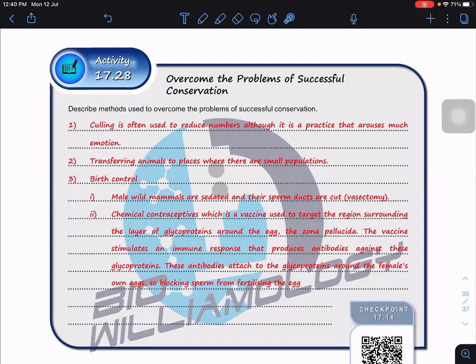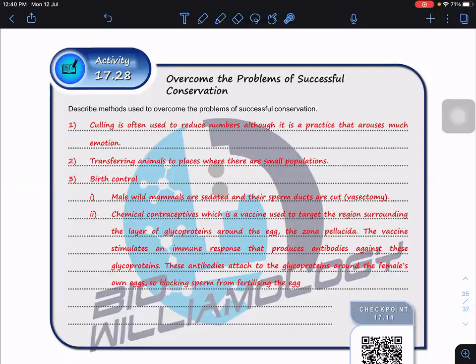But as I said, when transferring animals to a new place, we cannot be sure the animal will be well adapted. Second, transportation incurs cost. It is expensive to transport animals from one region or habitat to another.